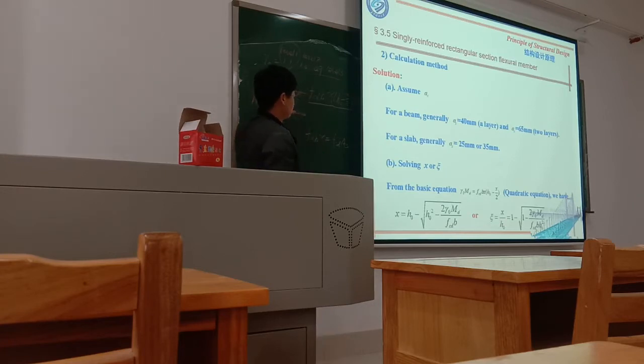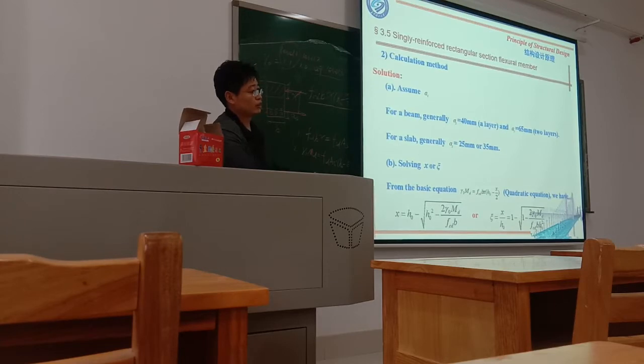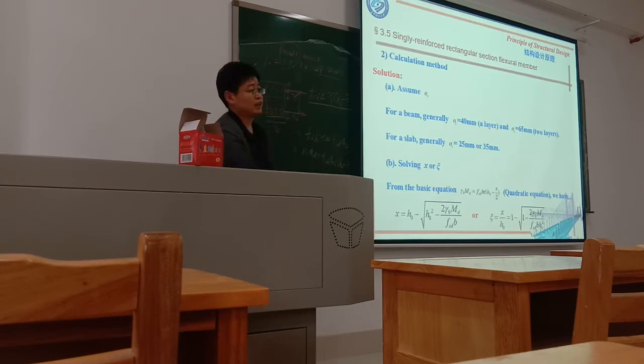This is the compressive force equals the tensile force. Similarly, gamma 0 MD equals FSD times AS multiplied by H0 minus half x. So those are the basic formulas; you don't even need to remember them, you just understand this figure, then you can write them down very easily.